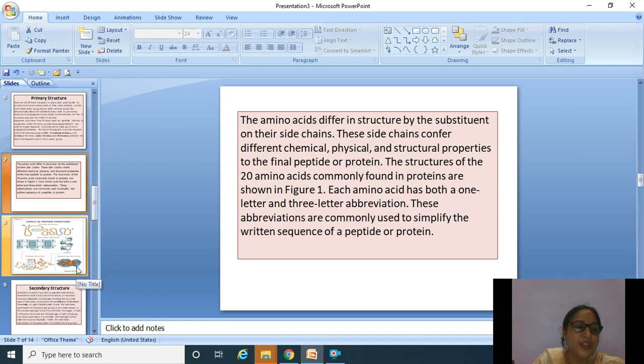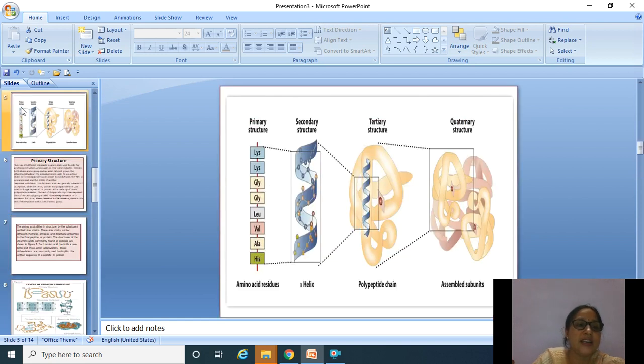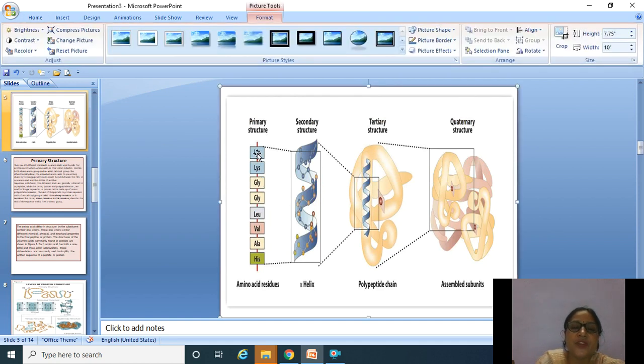Look at this diagram, we can easily see what it is saying. It is a polypeptide chain in which each box represents one amino acid. This is one amino acid, lysine. The first 3 letters are abbreviated here: Lys for lysine.